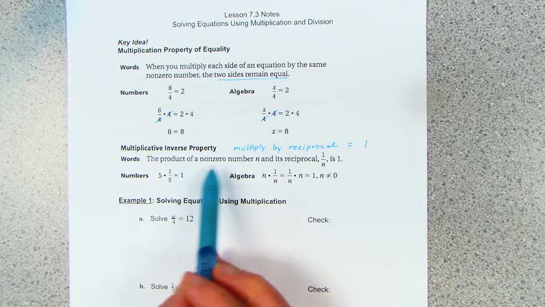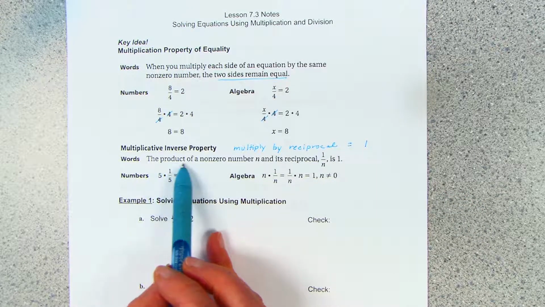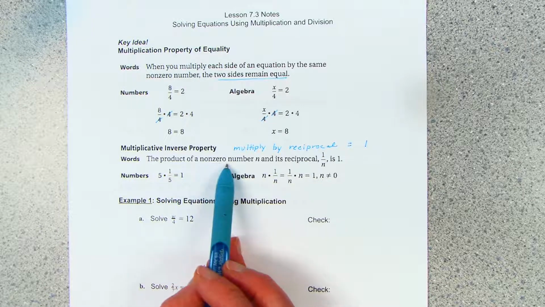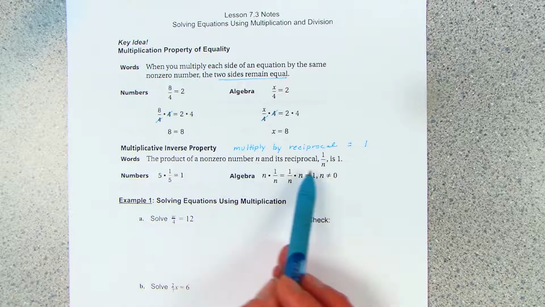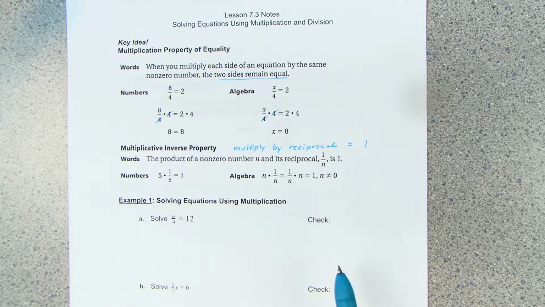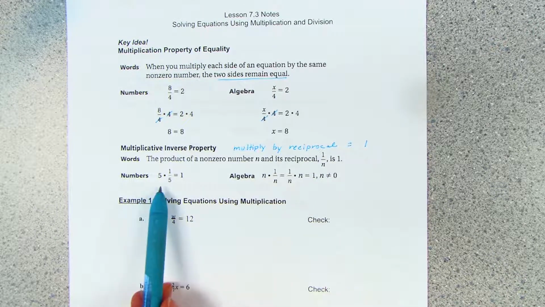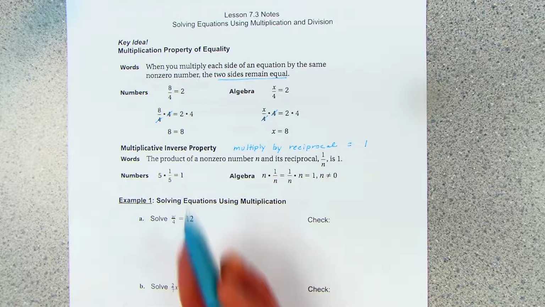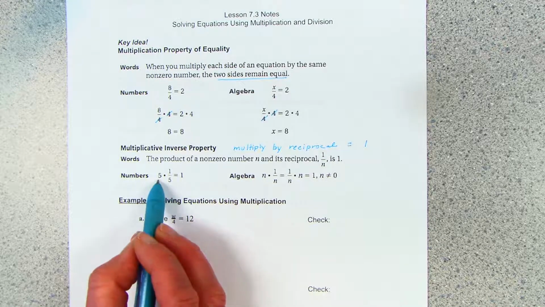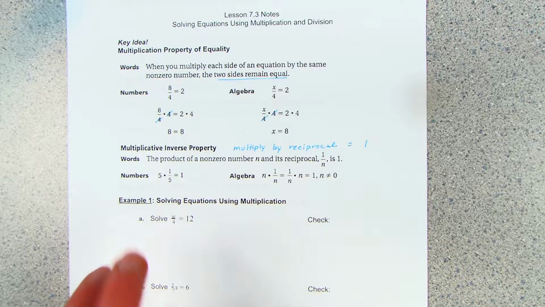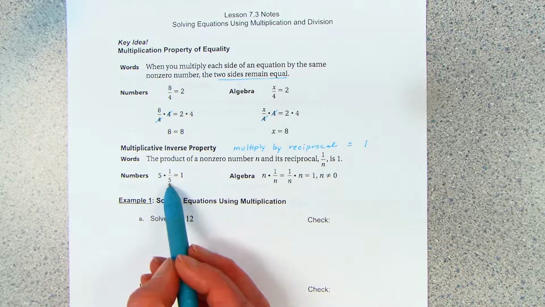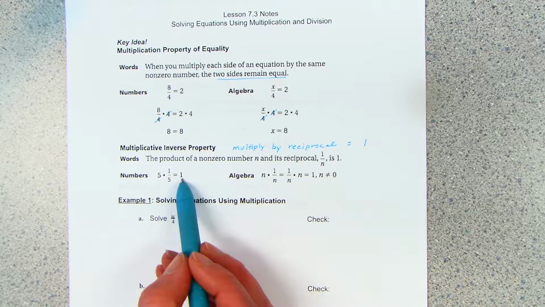All right, so what that looks like in math language, the product, when I multiply any non-zero number, n, and its reciprocal, so that's 1 over n, then I get an answer of 1. What that looks like with numbers: you've got 5 times, and then you flip that, so 5 times 1/5. Well, 1/5 of 5, that's 1.